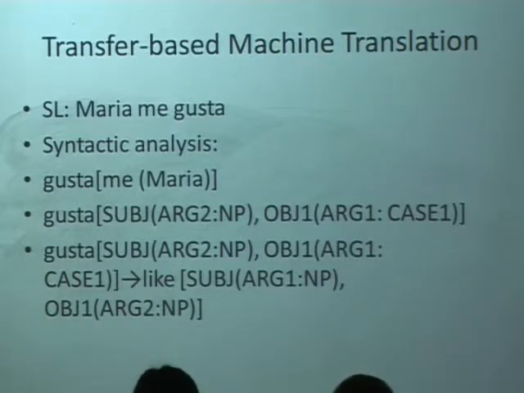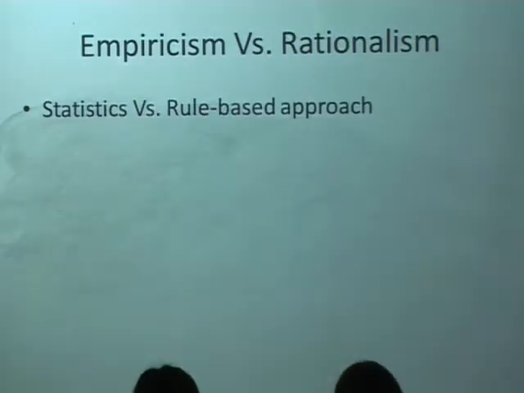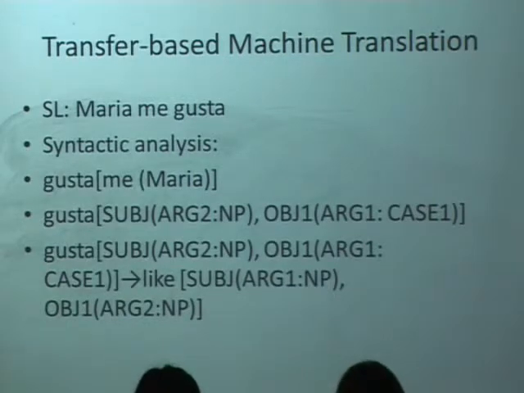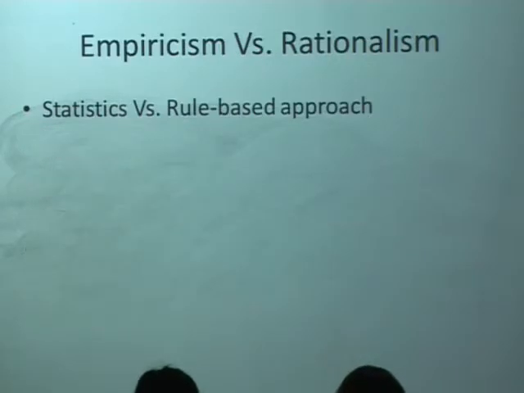Syntactic analysis will give the first gusta mi Maria, but this is not deep enough. Then we will have gusta with subject argument NP. Then that sentence will have a deeper understanding. On the basis of that, you would have a chance to translate the source language to the target language. This is just a very easy illustration. The real case should be more complicated than that.